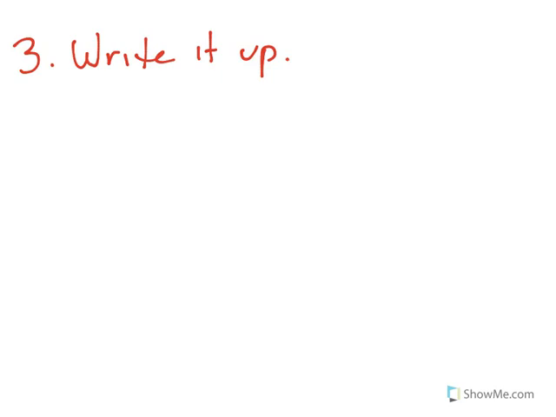Now, a good conclusion is going to have 4 points, all of which are related. So the first thing I want you to do is, using the numbers in the problem, compare your p-value and your alpha.